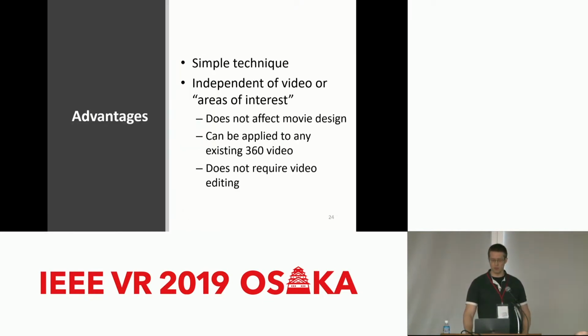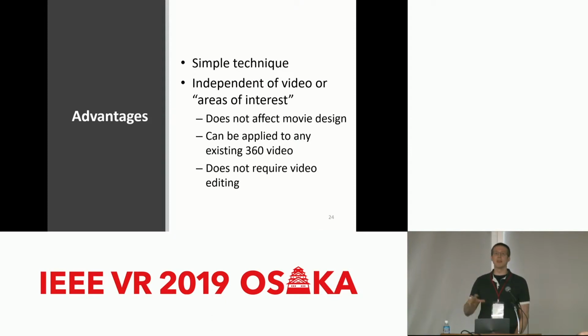The really nice thing about this approach is it's a very, very simple technique, very easy to implement. And because it's entirely based on physical rotation, it's completely independent of what's going on in the immersive video. It doesn't require predefined areas of interest. It doesn't require knowing what's happening in the video.